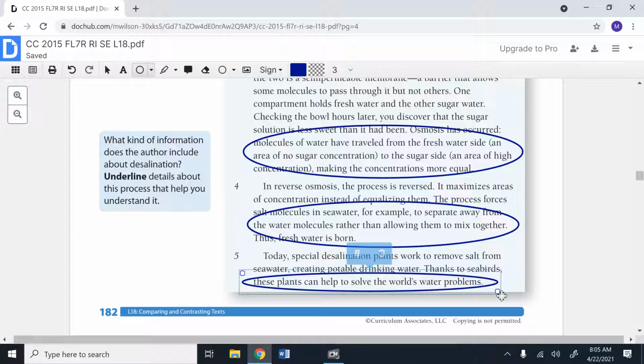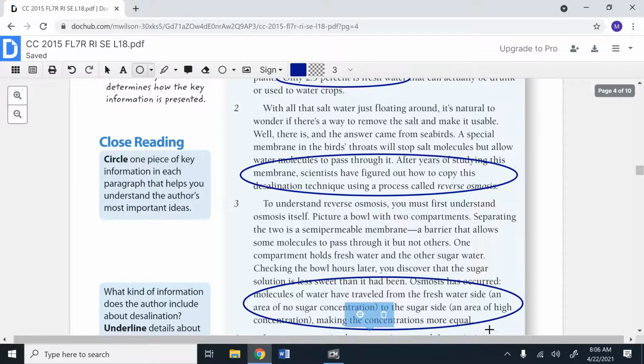Now, in the next part of the close read, it says what kind of information does the author include about desalination? Underline details about this process that help you understand it. So let's go ahead and look in the text to see what we can underline. In the second paragraph, it says that the scientists were trying to copy the desalination technique, which is using a process called reverse osmosis.